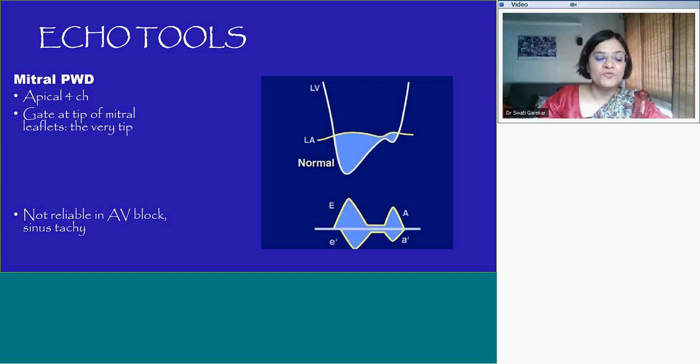Before moving on to the next slide, let's also add that this is reliable when there's AV block or sinus tachycardia where your waves are fusing. The E wave happens when your LA pressure is higher than the LV pressure. The rapid filling happens in the E and none of it happens in the A.